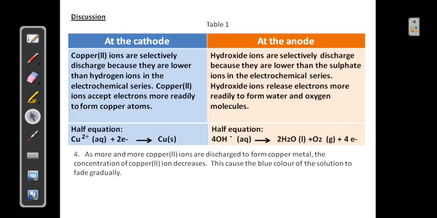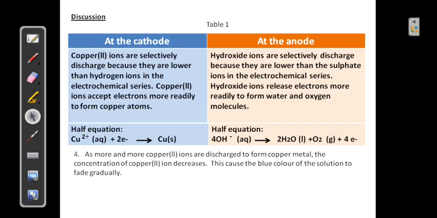So as more and more copper ions are discharged to form copper metal, the concentration of copper ion decreases. Now this causes the blue color of the solution to fade gradually. As you know, initially the color is blue, but the more copper 2 ion has been discharged, the more the color will fade.